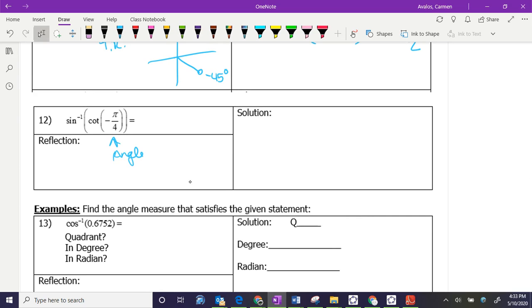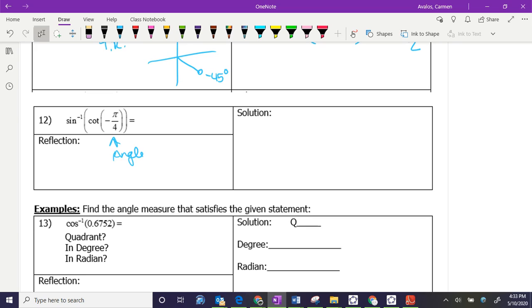And we want to know the cotangent of pi over 4. Now the cotangent is going to be negative. So therefore, we need to know what quadrant it's going to be in. For the cotangent to be negative, it's either going to be in quadrant 2 or quadrant 4.